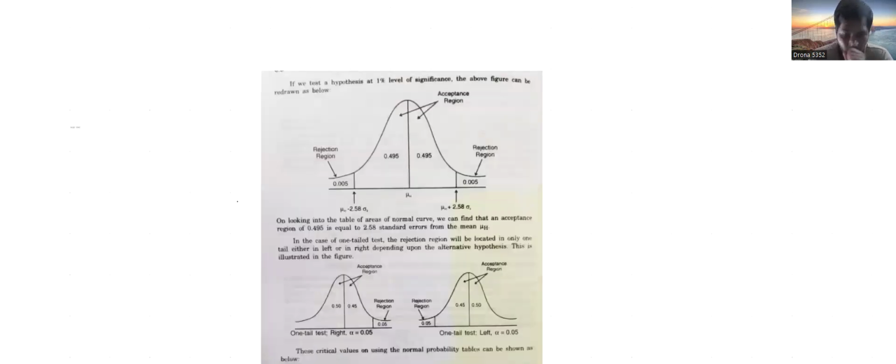Normally the level of significance is taken by default at 5% and 1%. Now let us see the 1% level of significance. This graph shows the 1% level of significance of a two-tailed test. Here 1% means 0.01.